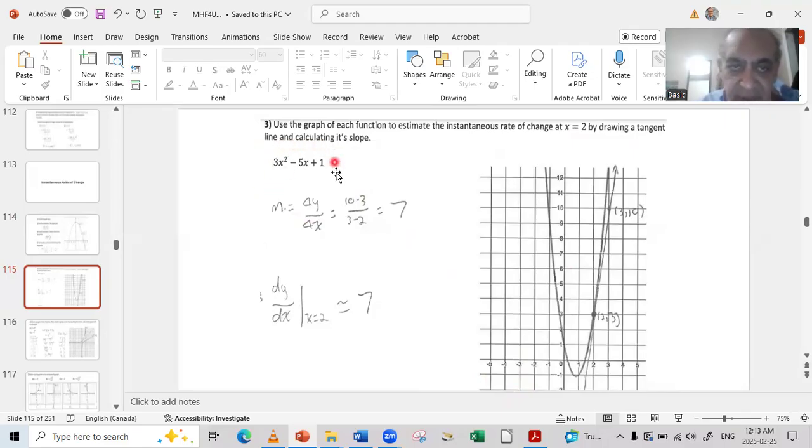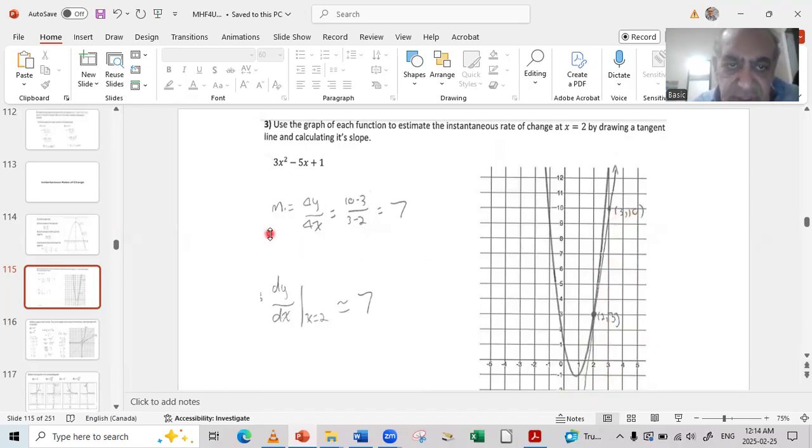The curve is 3x squared minus 5x plus 1. So I have here the curve, and this is the tangent. I will take 2 points here. I took the point of tangency, which is 2 and 3, and the other point, which is 3 and 10.